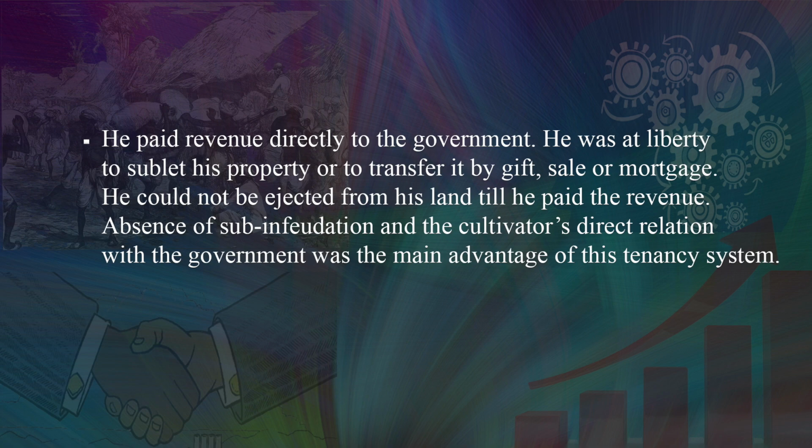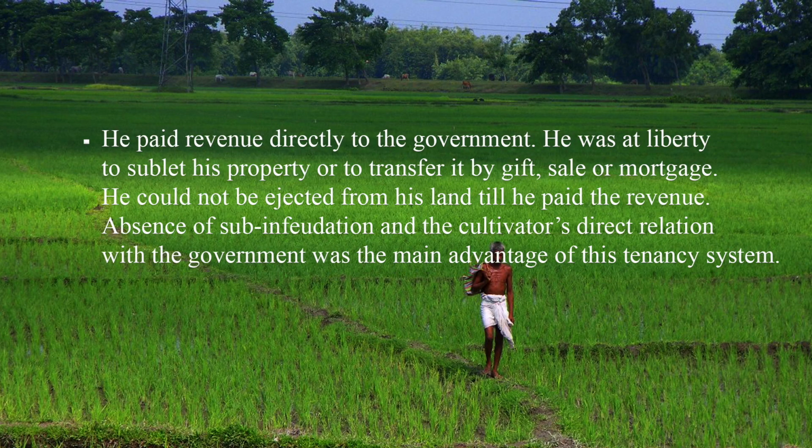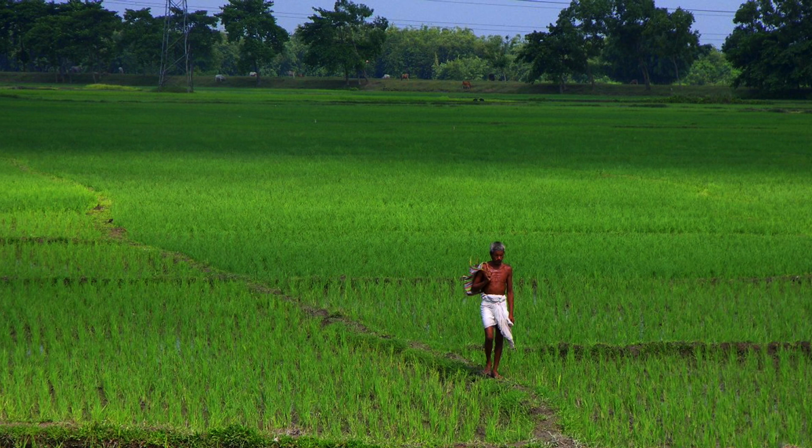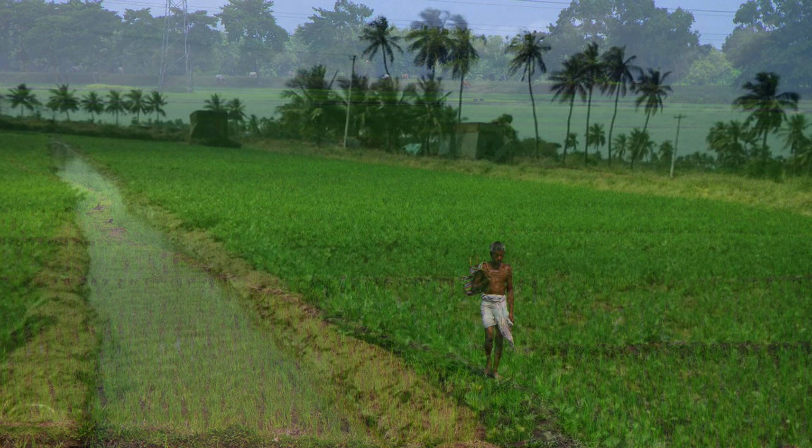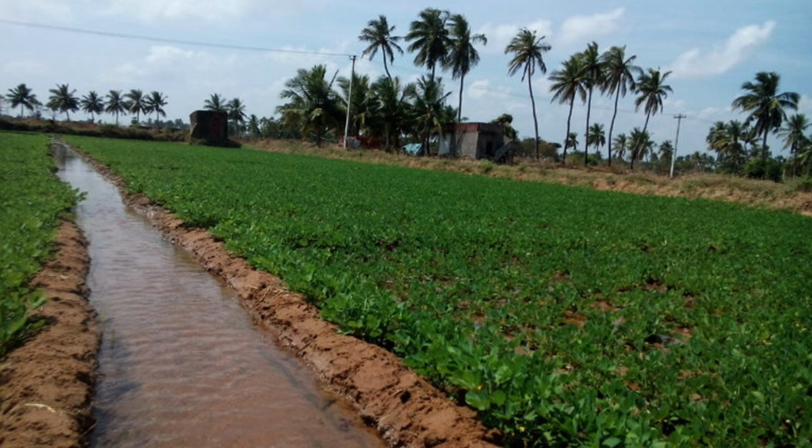Absence of sub-infeudation and the cultivator's direct relation with the government was the main advantage of this tenancy system. Yet another advantage of this system was that the proprietor of the land took all interest for improving the land and its irrigation facilities.